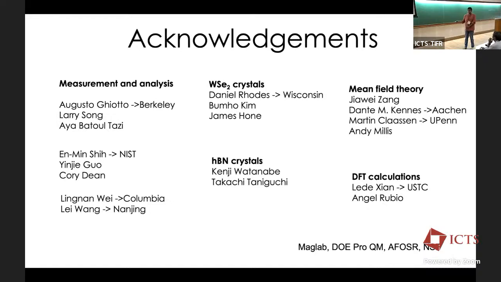Sometime late in 2018, we went to a conference, shortly after twisted bilayer graphene, and Pablo was there and Philip Kim and other people. I asked Philip, what are you doing in this field? And Philip said, well, we are measuring twisted WSe2. I asked, did you find anything interesting? He said, well, it seems to be a superconductor. And I asked him, what's TC? He said, maybe 10 Kelvin, maybe 1 Kelvin.